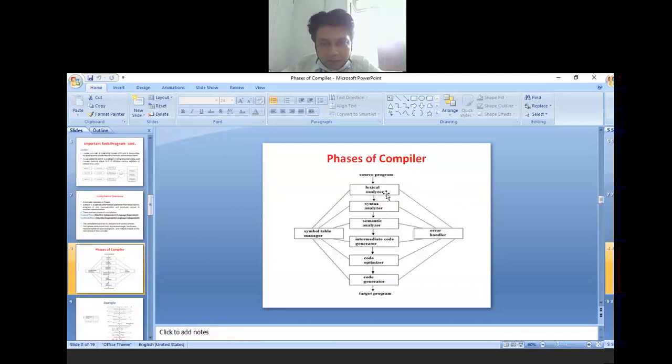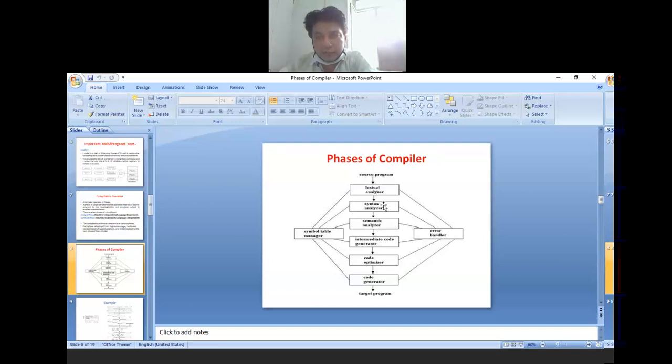As you can see, these are the six phases of the compiler, and the syllabus of your subject is based on this unit. As you can see, the first phase is lexical analyzer, and unit 1 is based on the lexical analyzer.